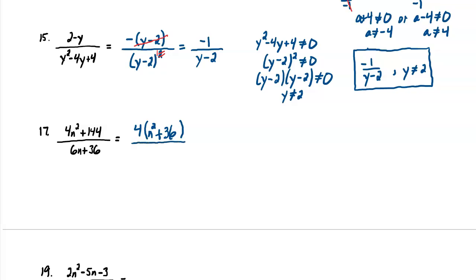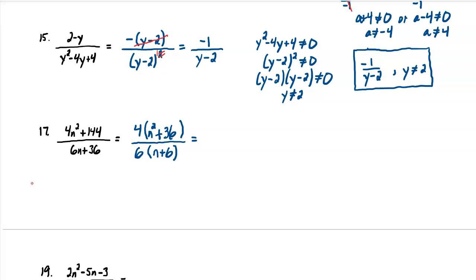Now in the denominator, there's a GCF of 6. And then in the parentheses is n plus 6. Now the canceling, or in this case, you might even refer to it as reducing, because there's a coefficient of 4 and a coefficient of 6.